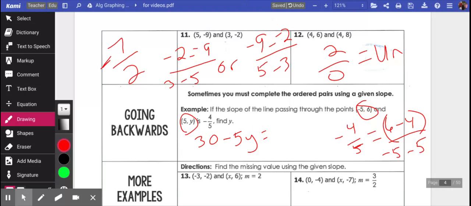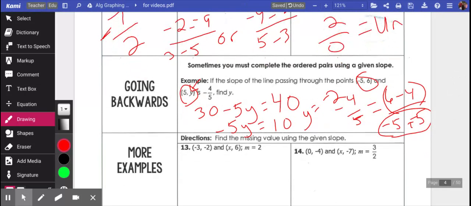Well, I'm going to go ahead and do this first. So that's -10. And then we have -4 times -10, which is +40. And then we solve it like an equation. So we're going to minus 30. We get -5y equals 10. And so we get y equals -2. And so that goes right there.